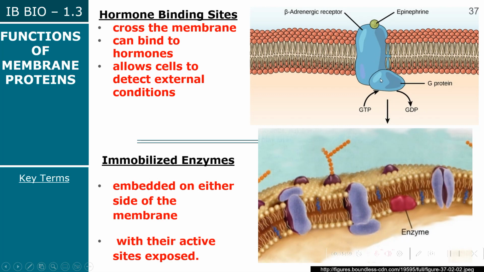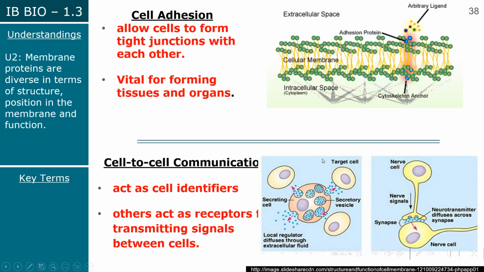All those receptors that we have talked about in topic 6, where we're receiving information from, say, a neurotransmitter, or even those receptors of the hormones, right? So a protein can be a hormone binding site. It can be immobilized in the membrane, like the proteins lipase and peptidase were for digestion.